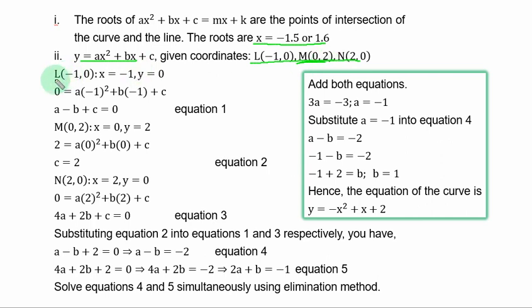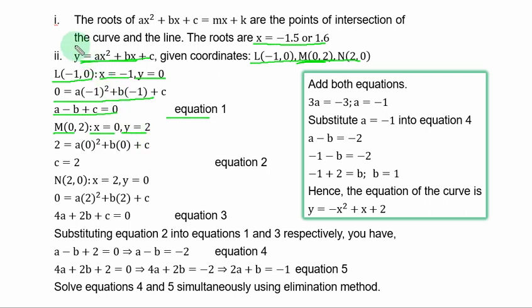All right, so we have the first point there, L, when s is minus 1, y is 0. If you replace them in this equation, you have this result. So let's call it equation 1. The second coordinate, when s equal to 0, y is equal to 2.